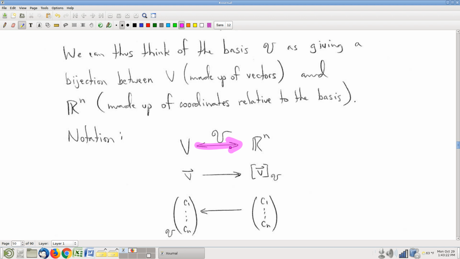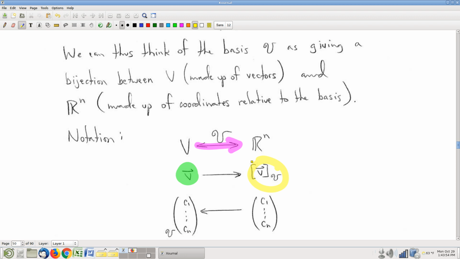But the idea is if you have a vector, then pick a basis and the result is a list of coordinates. So you give me a vector, out comes a list of numbers, right? And in general, anything where something goes in, something goes out, that's a function. So this is again a new point of view. We're going to think of a basis now as kind of a function.